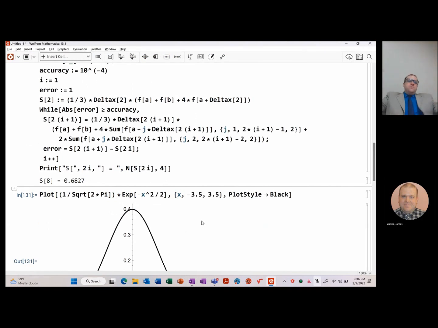So by Simpson's rule, to 4 decimal places, about 68.27% of data will fall within 1 standard deviation of the mean.